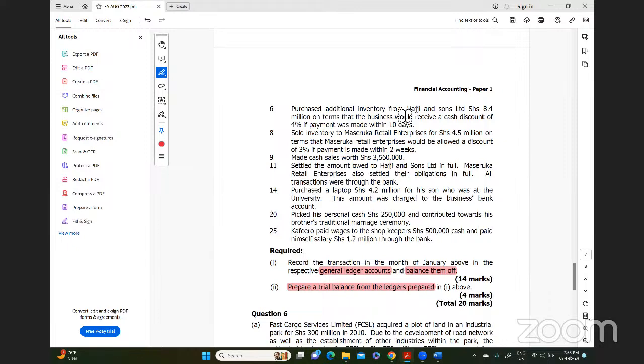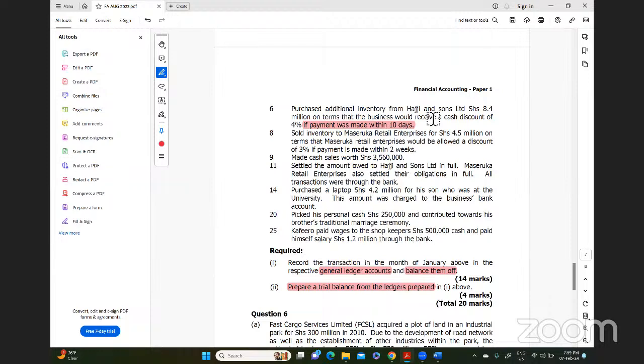There is a very big if here. If payment is made within 10 days, so it is subject to that payment. So the minute he makes that payment, we shall give him the discount if the payment is made within those 10 days. Meaning if he makes a payment after 10 days, no discount. Right now, we cannot recognize a discount.